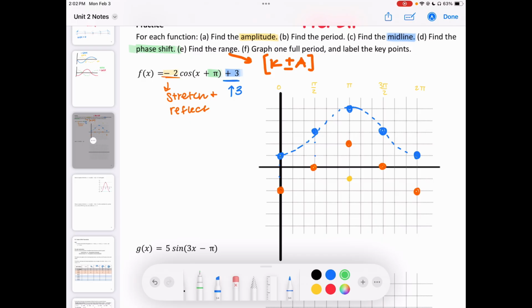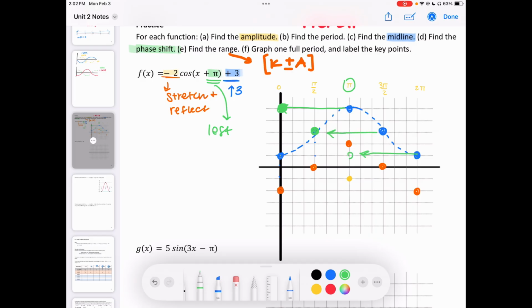And now the final step is to move it left by a factor of pi. Remember, pi is here. So pi is half of our graph. So that means this guy is moving all the way over to here. Okay. So check how many boxes that is for yourself if you're not quite sure. And then repeat that process.